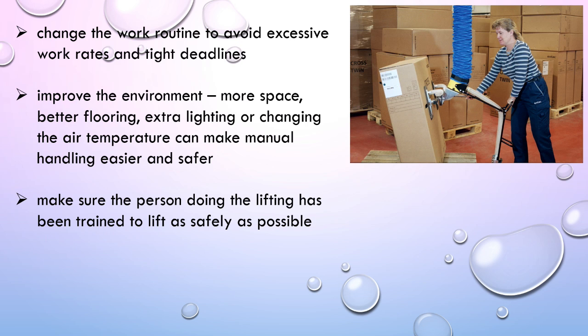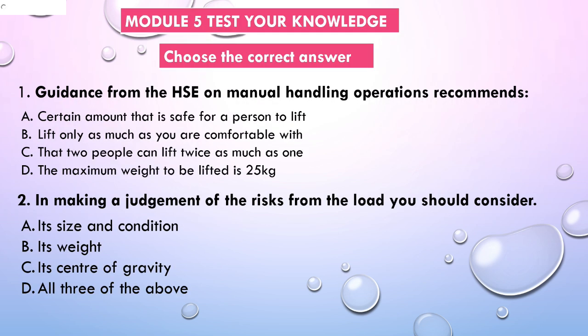Okay, so we are going to check your knowledge. What we're going to do here is you're going to choose the correct answer. Right, number 1, guidance from the HSE on manual handling operations recommends a certain amount that is safe for a person to lift. Lift only as much as you are comfortable with.